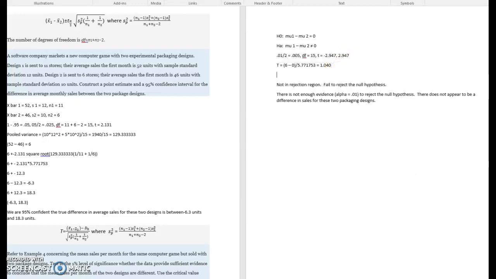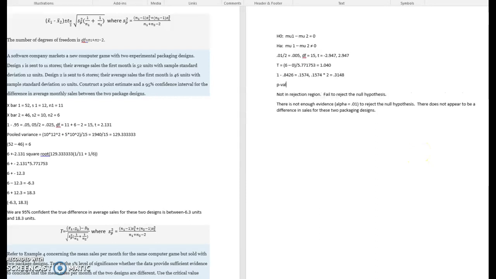So we're going to take 1 minus 0.8426, and that gives us 0.1574. We then want to take that and double it. So that times 2 gives us 0.3148. So our p-value is 0.3148, which is clearly larger than alpha.